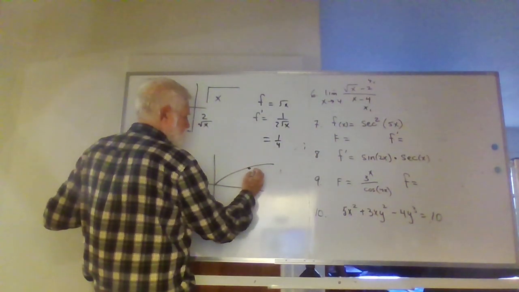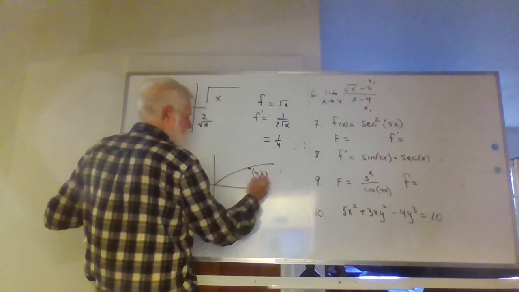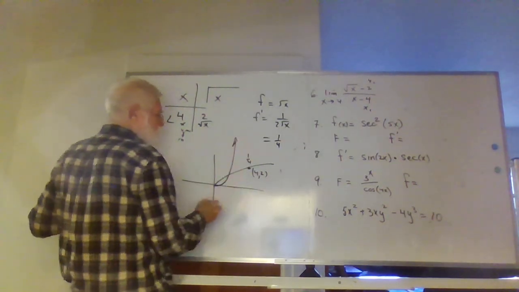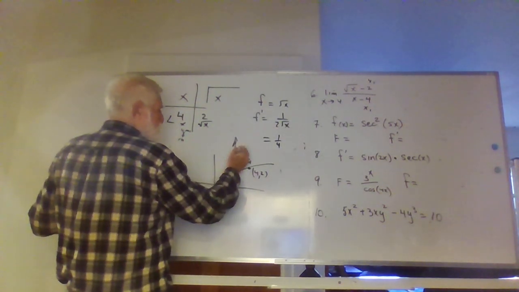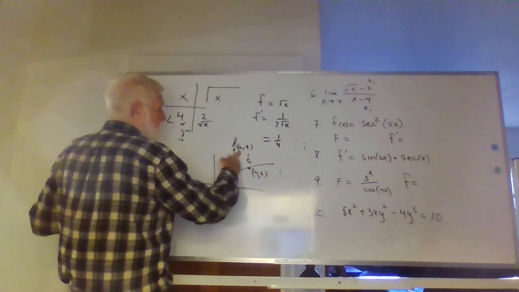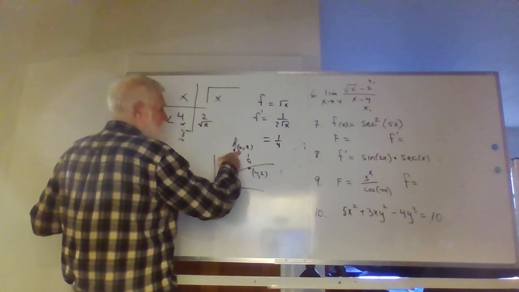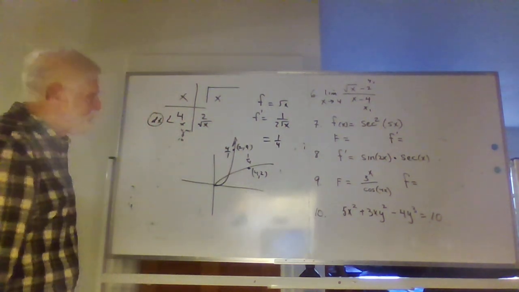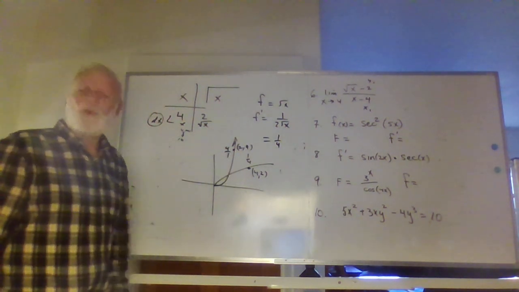At 4, I have a y value of 2, and I'm going up at 1 to 4. We might as well look at the inverse of that. At 2, I get an output of 4, and for x squared, 2x times 2, so I get a 4 to 1 ratio. Must be a coincidence.